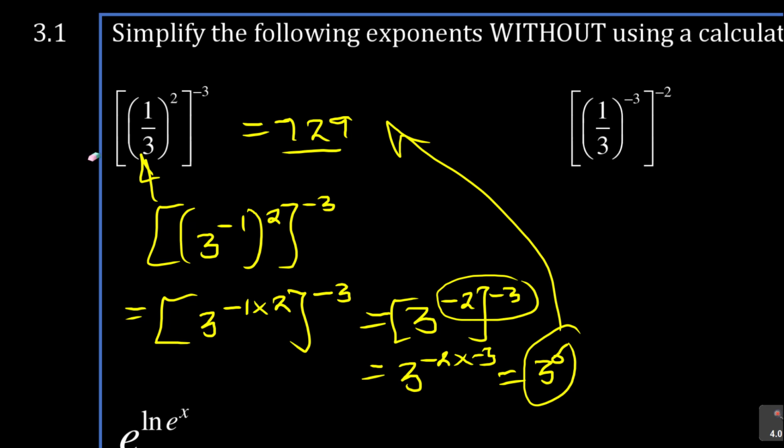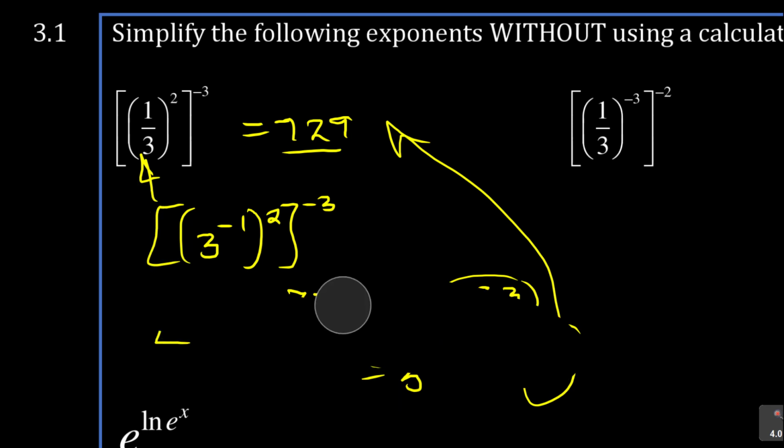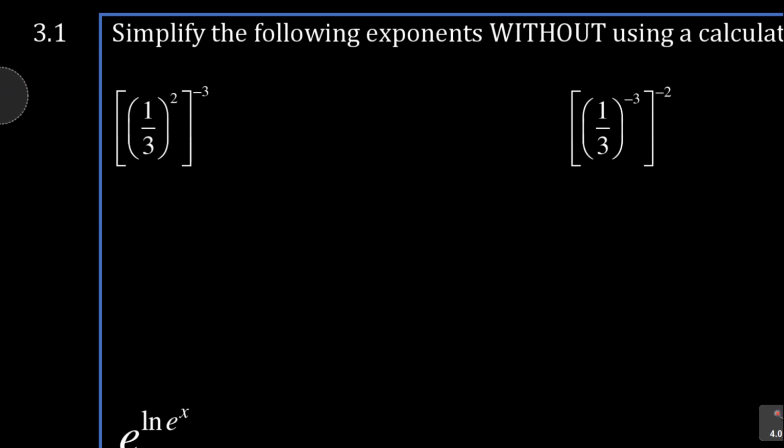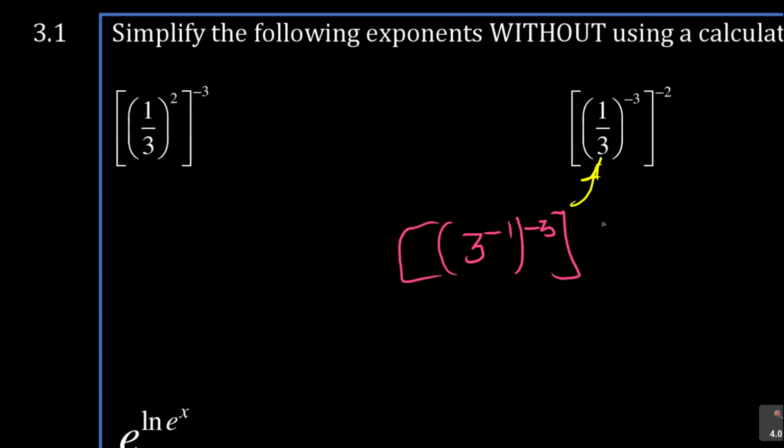You're using the rules or the laws so that you can show that I never used the calculator. Similarly, on this one it was the same approach: you take 3 to the power of -1, then you've got -3, then you've got -2. So you start with the inside.